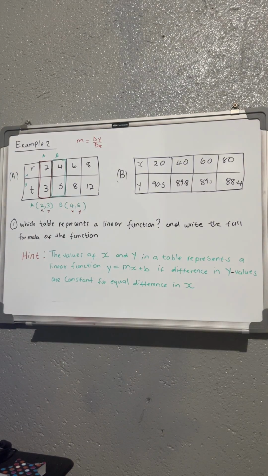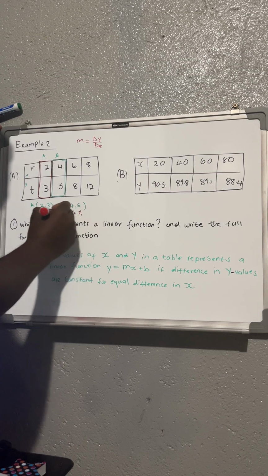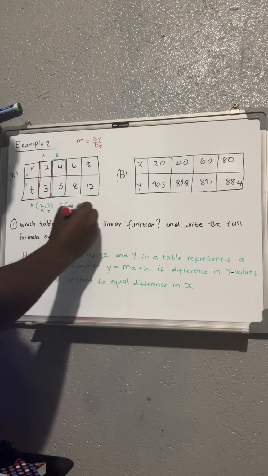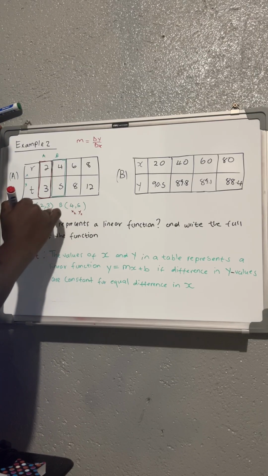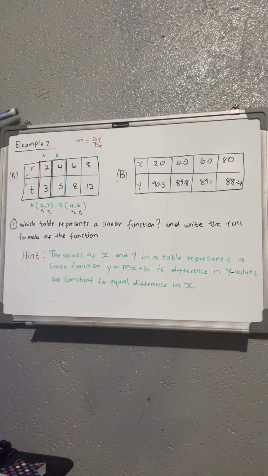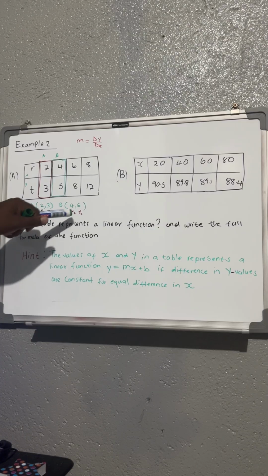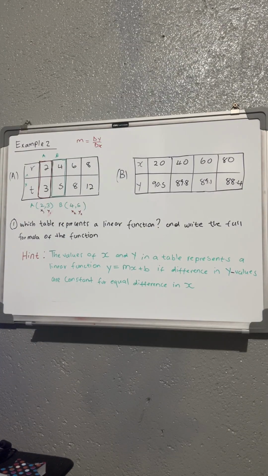Then you can decide that this would be your x2, y2, sorry, I mean x1, y1. Even if you make this one your x2, y2, then x1, y1, you're still going to get the same gradient.